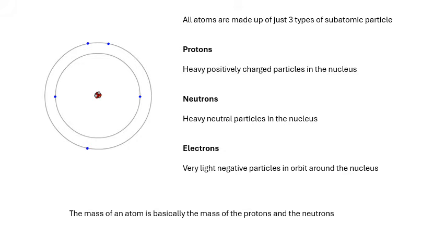Electrons are very, very light, whizzing around the outside. Protons are positively charged, neutrons are neutral, and electrons are negatively charged. Protons and electrons have the same amount of charge, only protons are positive, electrons are negative.